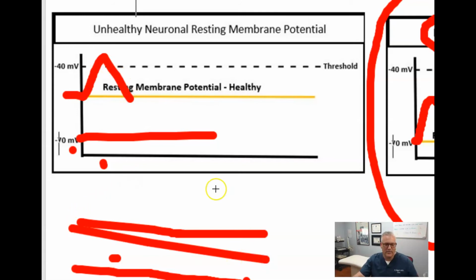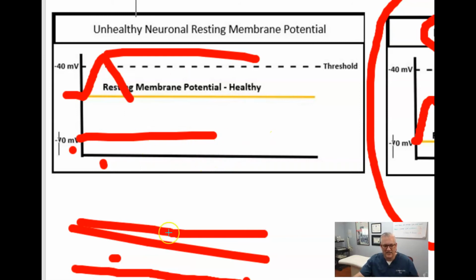Let's say we're dealing with a pain fiber, and normally we won't experience pain. Our nerves are quiet. It takes a lot of stimulus for us to have discomfort, but as the nerve gets unhealthy, we become more easily stimulated, and so we have an action potential up here, and these people have nerve symptoms. So this is an interesting thing.